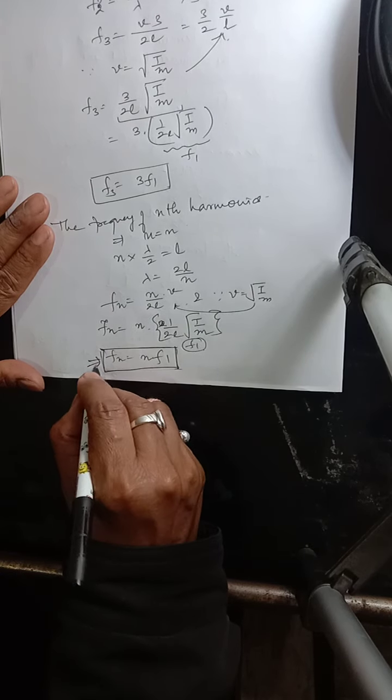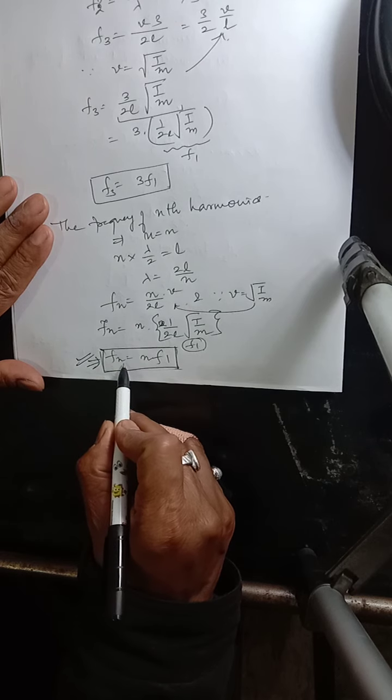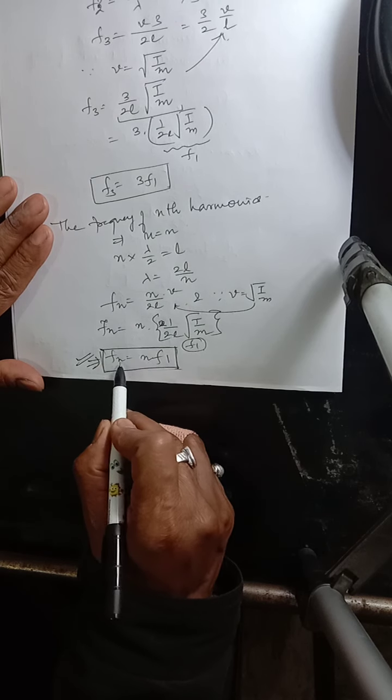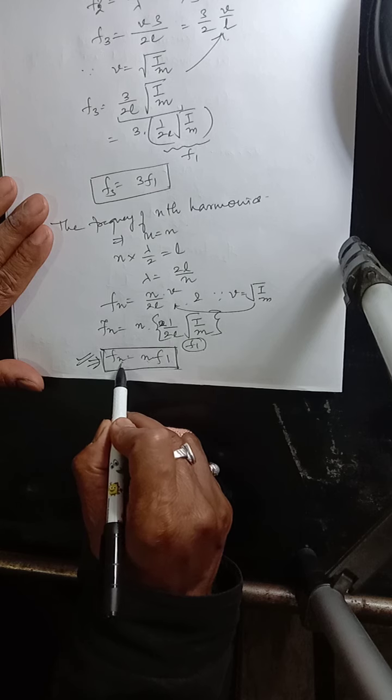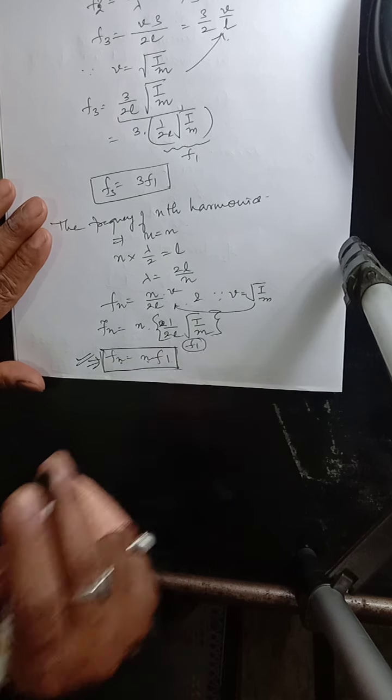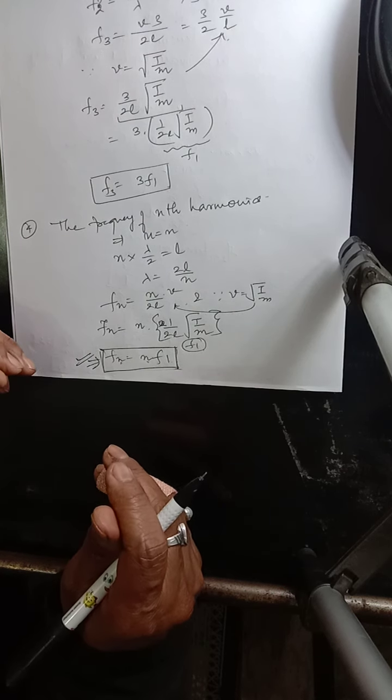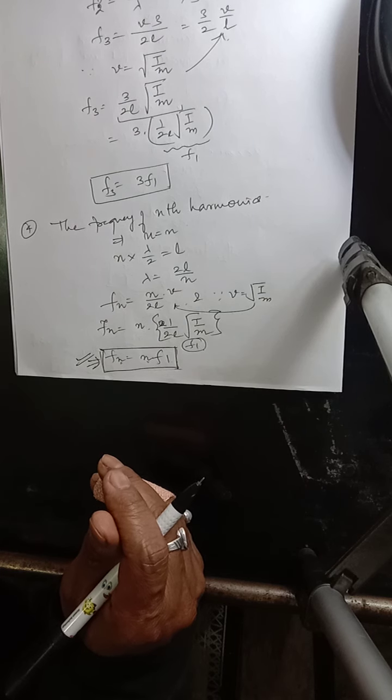So this is the general formula. F1 is equal to F1, F2 is equal to 2F1, F3 is equal to 3F1, and so on. So with that, we are finding out the generalized formula for this one.